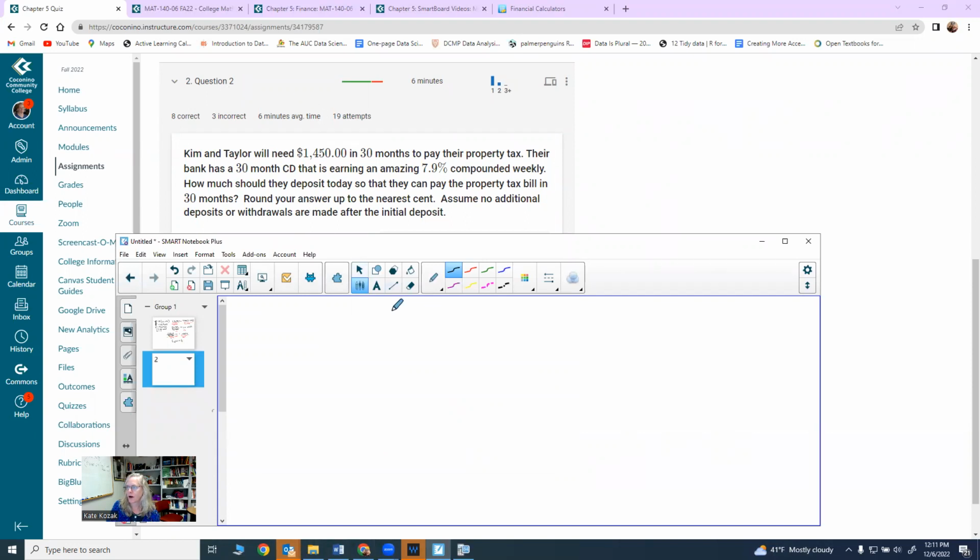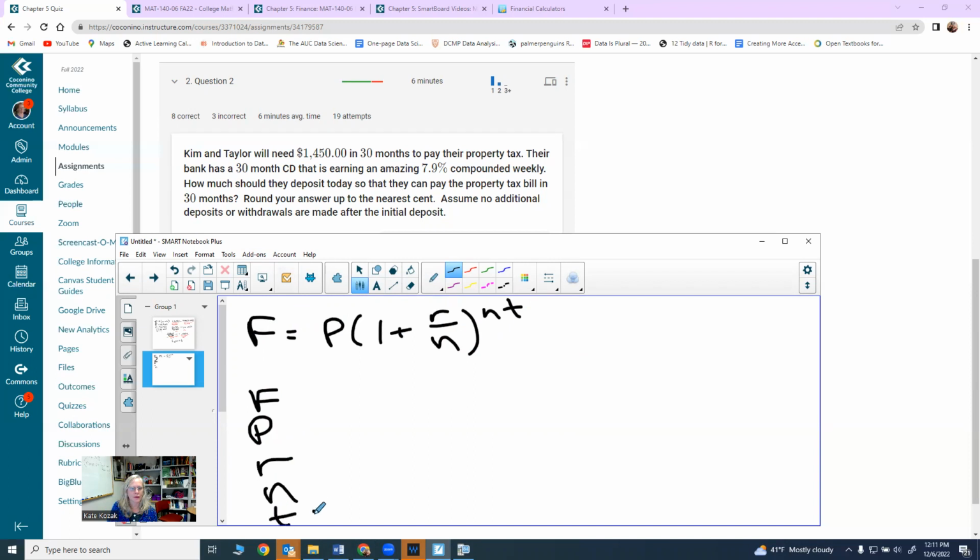So I write down the compound interest formula, which is F is equal to P times 1 plus R over N, to the NT. I have all that information here. I'm going to write down all the information here: my F, my P, my R, my N, and my T.